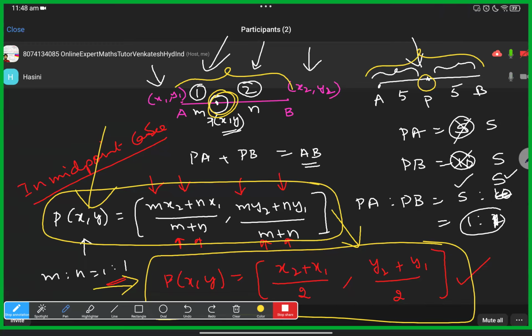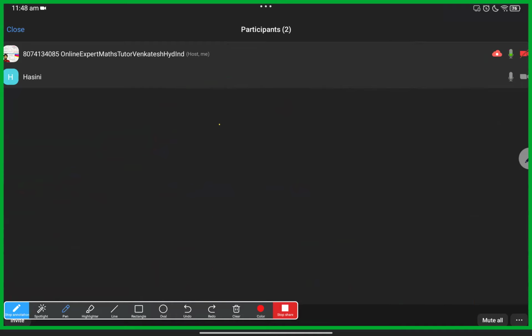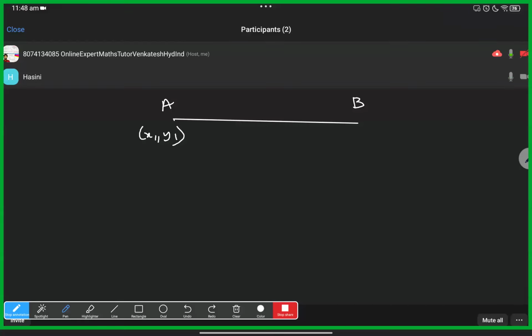So this is the second formula. And finally, one more model is there. Yes, sir. There is one final model, for example, let us take line segment A and B again, A (x1, y1) and B (x2, y2).